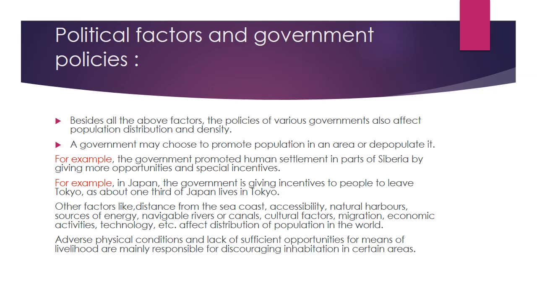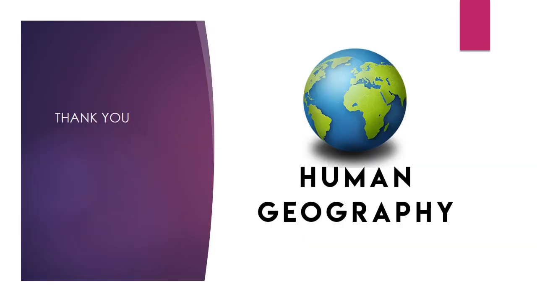Adverse physical conditions, lack of sufficient transport, and lack of sufficient opportunities for means of livelihood are mainly responsible for discouraging inhabitation in certain areas. So even if the physical condition is not good and opportunities are not available, it mainly discourages inhabitation in that particular area.